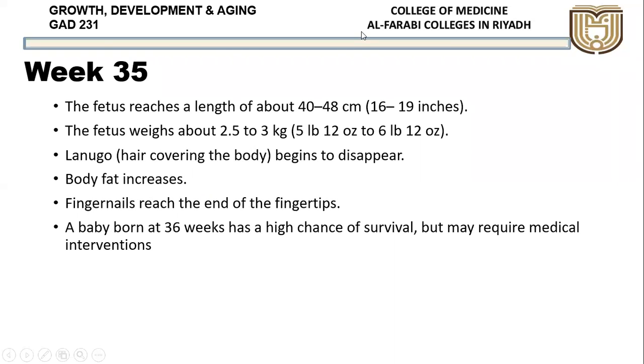By week 35, it has reached a point where if the fetus comes out, it can survive easily with some medical interventions. The fingernails are up to the fingertips, there is a lot of fat in the body, the lanugo hairs start disappearing, and the weight is almost 2.5 to 3 kilograms.